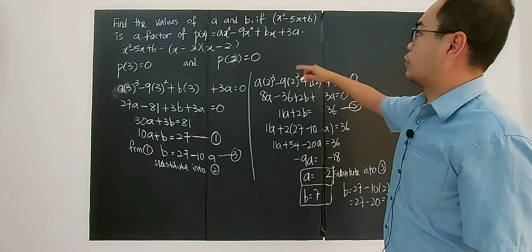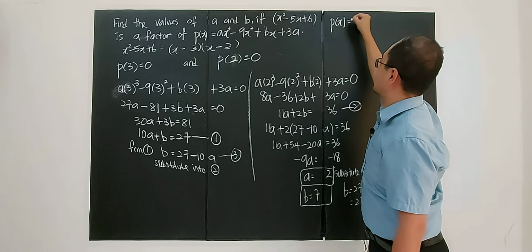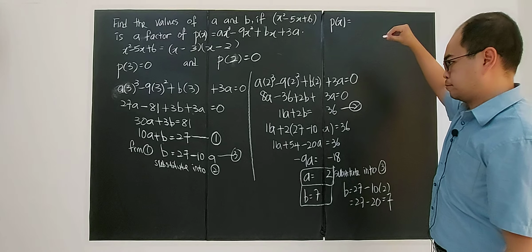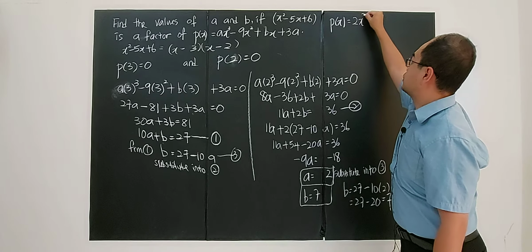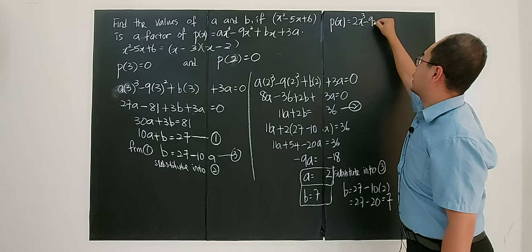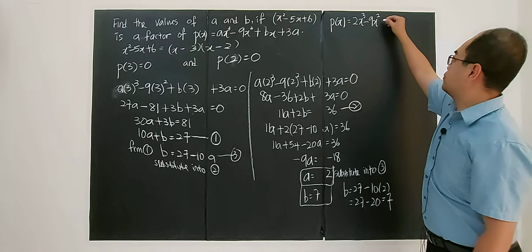So therefore you now know your p(x), right? Your p(x) will be equal to a, which is 2x to the power of 3 minus 9x squared, bx, b is 7.